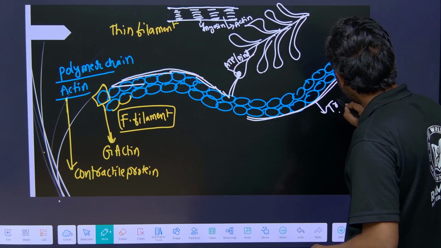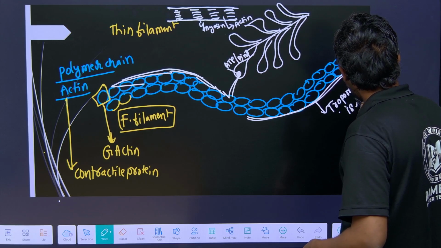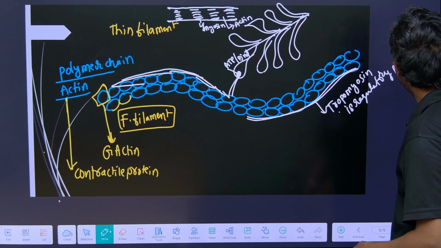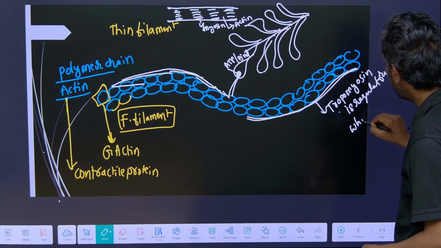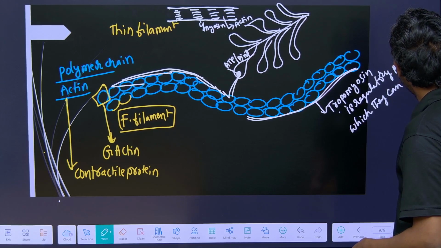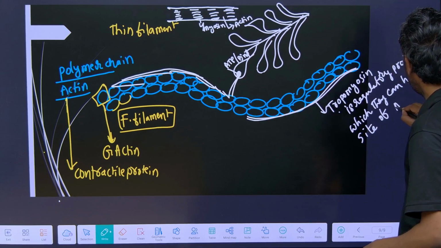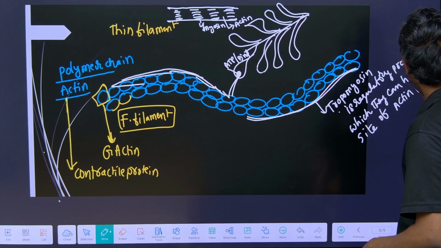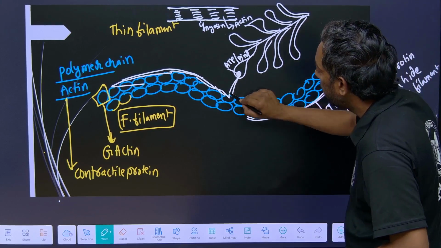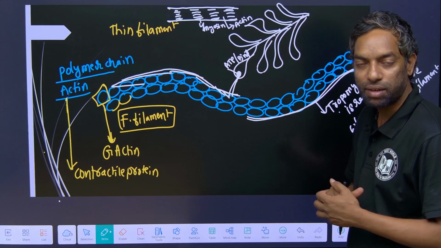Tropomyosin is a regulatory protein which can hide the attachment site of the actin filament, so it can regulate whether the muscle contracts or relaxes.